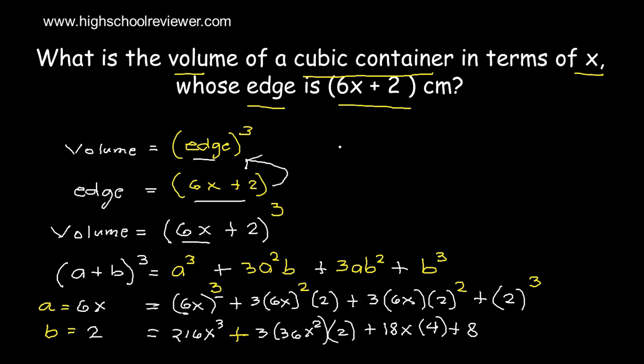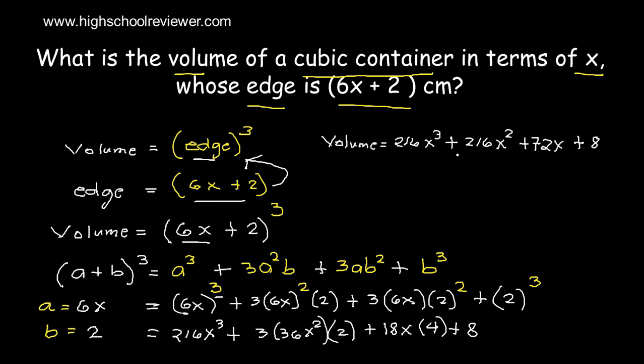Okay, let's continue here at the top. So volume now will be equal to 216x cubed plus 3 multiplied by 36 multiplied by 2, which is equal also to 216, and we have the x squared, plus 18 times 4. 18 times 4 is 72, so this will be 72x plus 8.